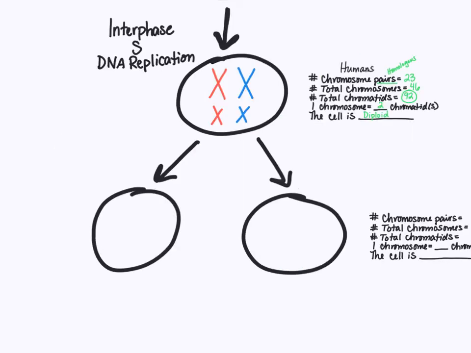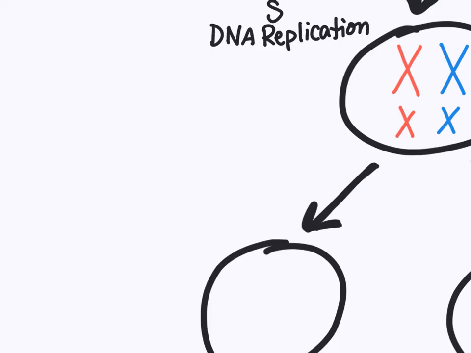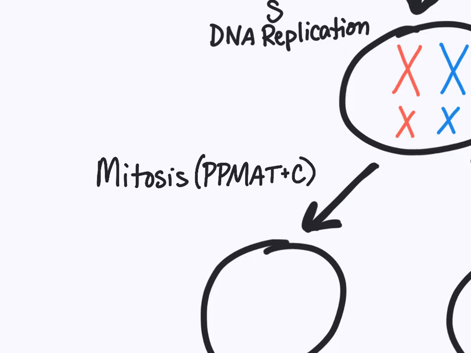So now let's take a look at what's happening during these arrows here. These arrows represent mitosis. And remember that mitosis is made up of subphases that we can remember using the mnemonic PP-MAT-C. The key thing that happens during mitosis is that during metaphase, the chromosomes line up along the middle of the cell like this.